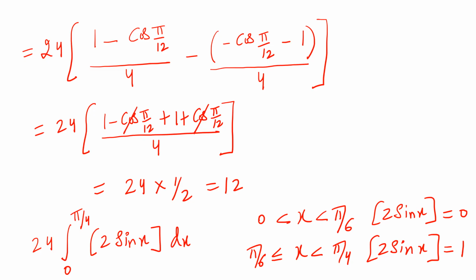Now students, we move further. This integral can further be written as 24 times inside the bracket. Now we will break this integral into two parts. The first integral is from 0 to pi by 6 GIF of 2 sin x.